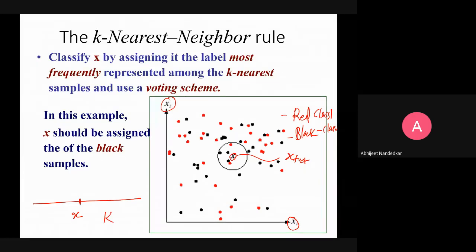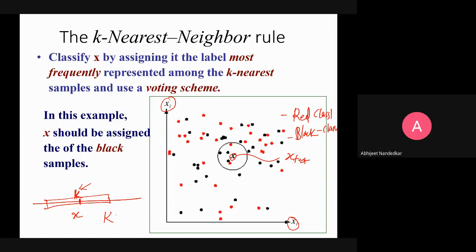It will keep on expanding its volume, kind of a thing, which accommodates k samples. They may be of omega 1, they may be of omega 2. Once it is accommodating k samples, it will stop. Then it will see that out of the available k, how many samples belong to omega 1 and how many samples belong to omega 2.